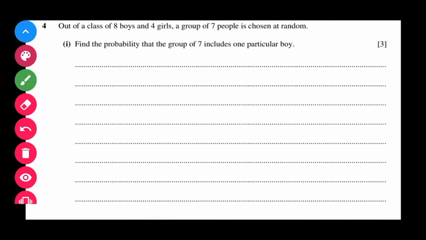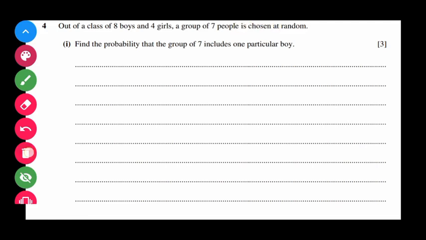This question says that out of a class of 8 boys and 4 girls, a group of 7 people is chosen at random. Find the probability that the group of 7 includes one particular boy. So there are 8 boys and 4 girls.